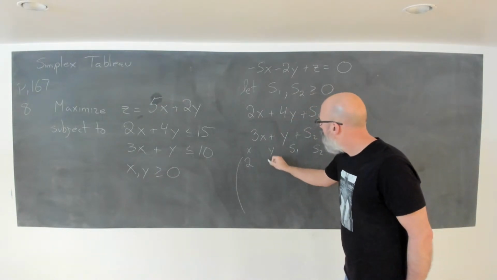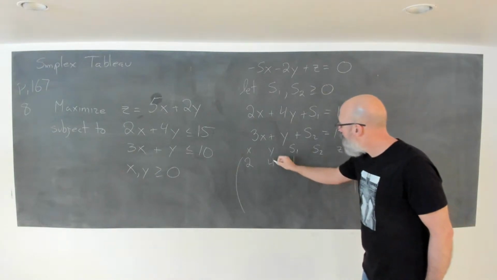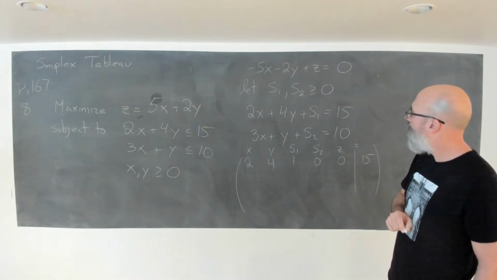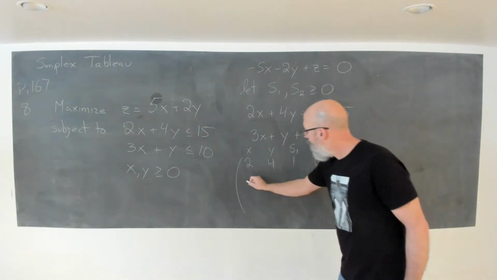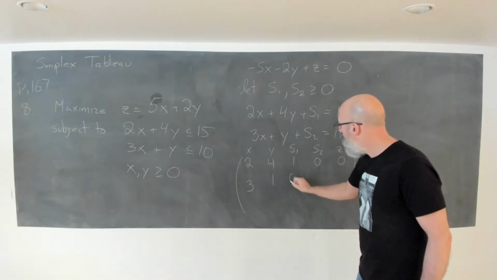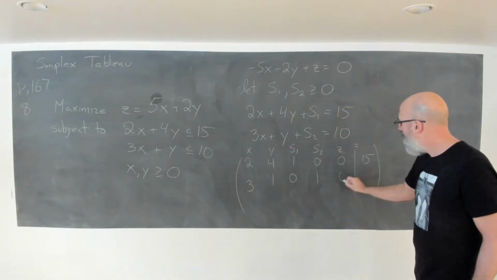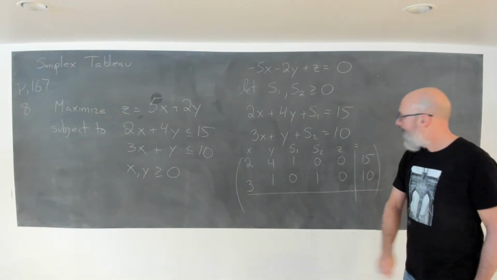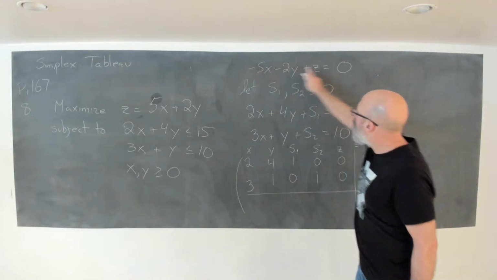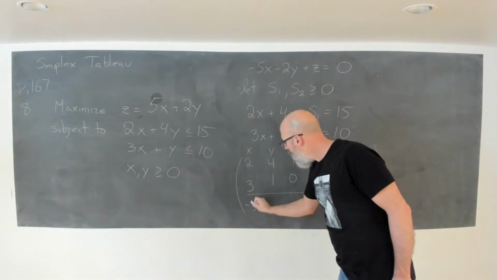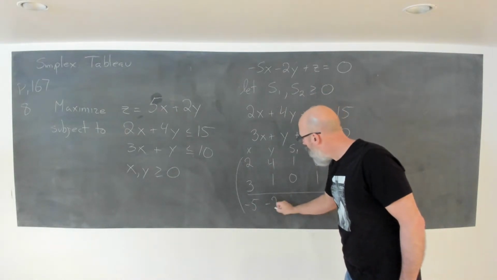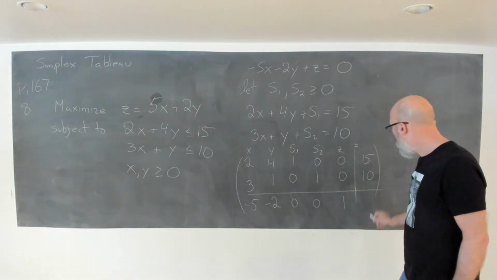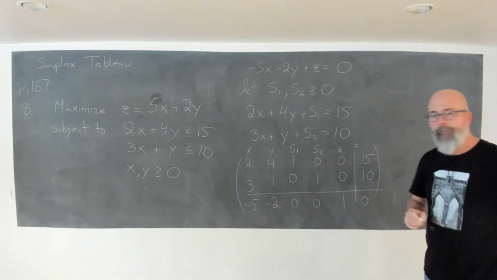So 2x plus 4y plus 1s1, no s2, no z, is equal to 15. Second equation, 3x plus 1y, no s1, 1s2, no z, is equal to 10. And the last equation is reserved for your objective function, minus 5x, minus 2y, no s1, no s2, 1z is equal to 0.